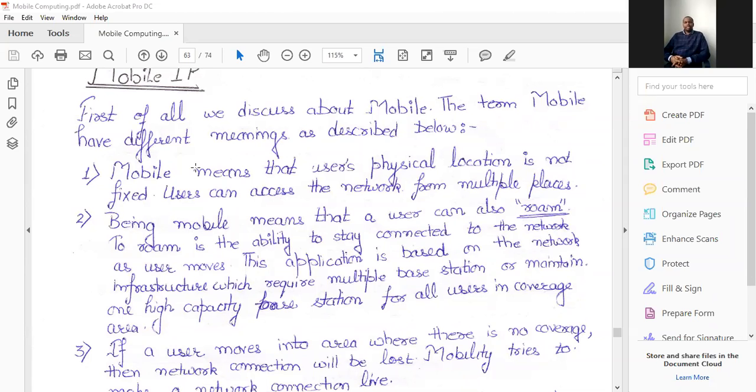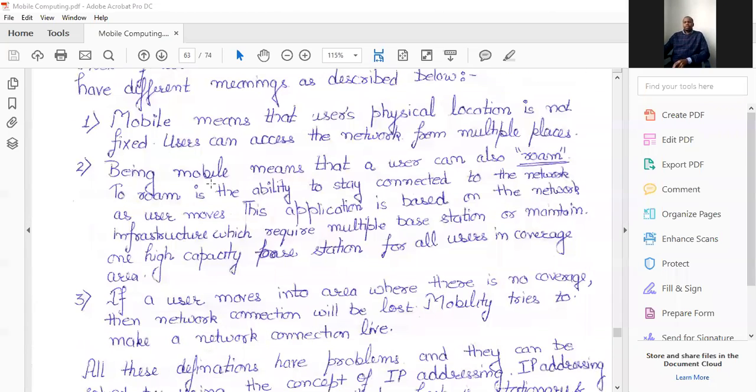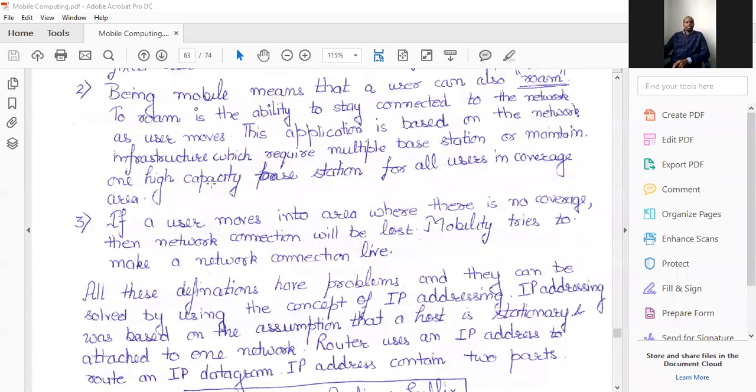Therefore, there is movement happening, and what that means is that when you have a mobile device, there is something called data roaming. Data roaming is the ability to stay connected to the network as the user moves. So you are able to do whatever you would do as though you were stationary at one point, because you have network connectivity wherever you go.